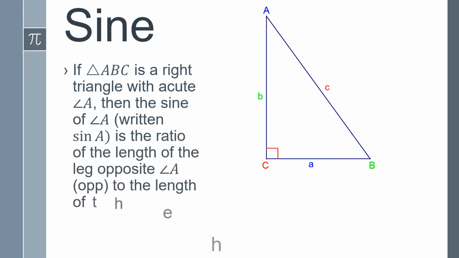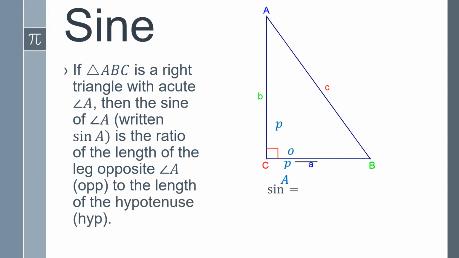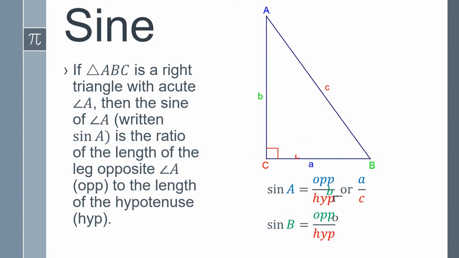So the first one we're going to talk about is the sine. If triangle ABC is a right triangle with acute angle A, then the sine of angle A, written as sin A, is the ratio of the length of the leg opposite angle A to the length of the hypotenuse.